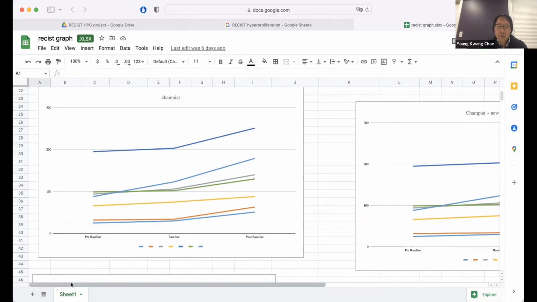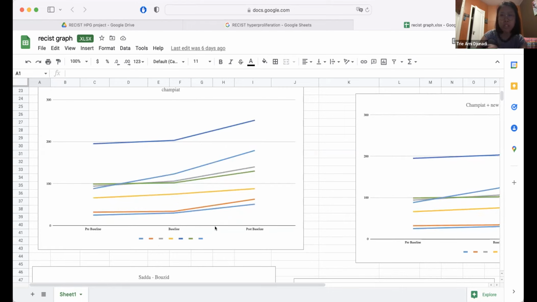For Champion, all 7 patients show progressive disease. Basically, in the graph, all of them are progressing. Even the progression is not double for Champion. And the reason it's not double is, again, the lack of a RECIST definition, because they didn't count the new lesions.